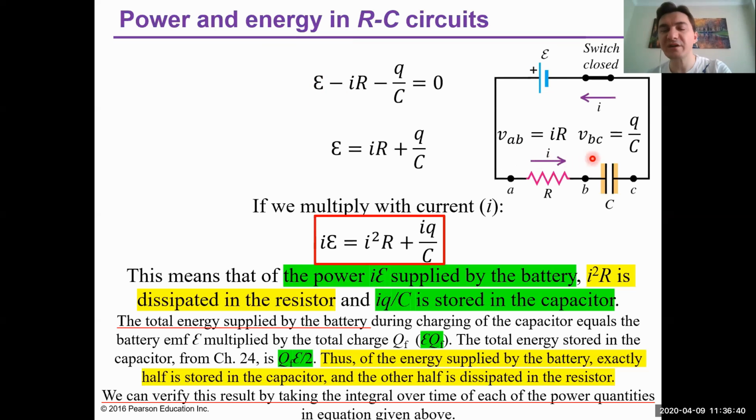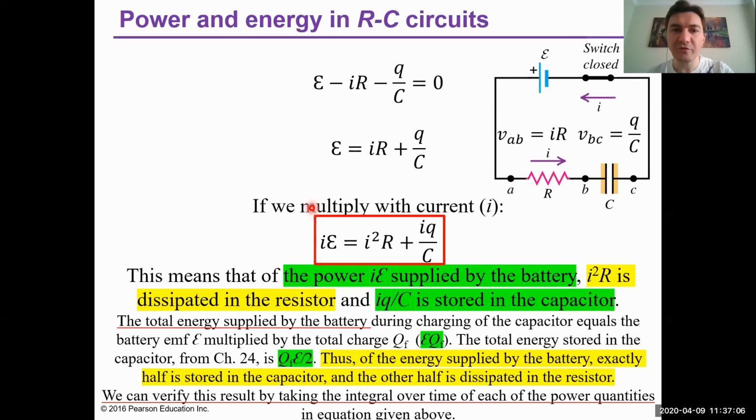Here the direction of the current and the direction of the loop are the same. Then here we have negative, and within the capacitor, the direction of travel is from positive to negative, so here we have negative Q over C, which is equal to 0. We have already done it. So take this EMF and put it on the right side, then we will get that expression, okay?